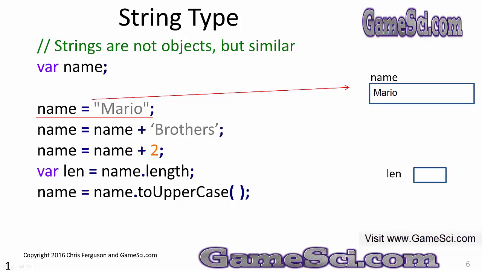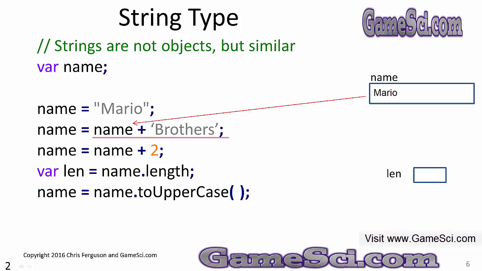Alter this string variable. Whoa, what am I doing there? Isn't the plus sign for numbers and numeric addition? Yes, it is. When the variables are numbers, it will do numeric addition. But when the variable is of type string, like the name variable is, what the plus operator does is string concatenation.